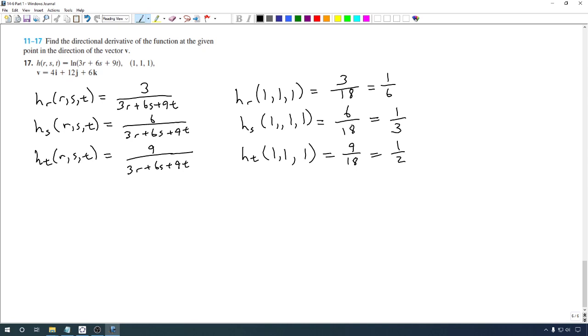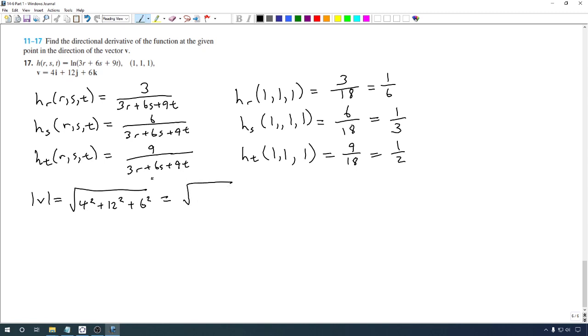So we have our partial derivatives, but we want the derivative in the direction of 4, 12, 6. Of course, that is not a unit vector, so that's the first thing we need to do, is turn that into a unit vector. So magnitude of v, we have the square root of 4 squared plus 12 squared plus 6 squared.